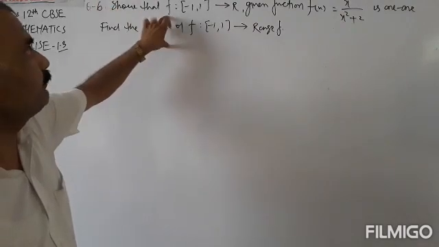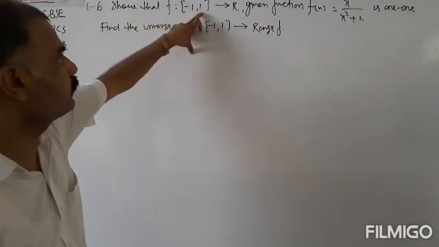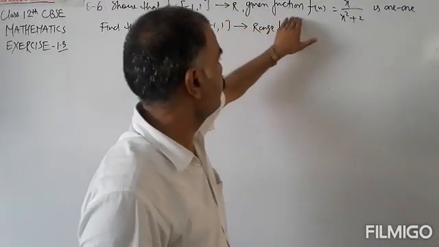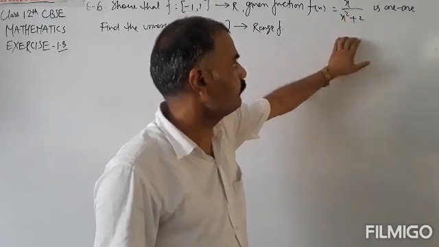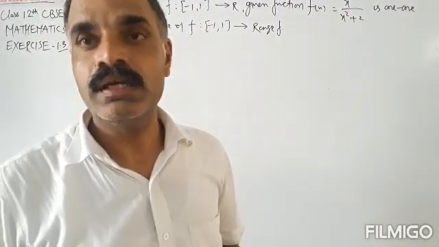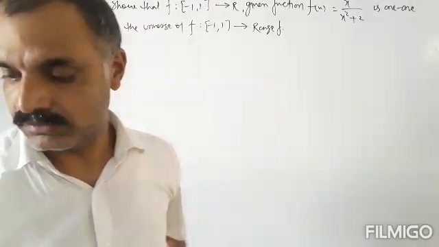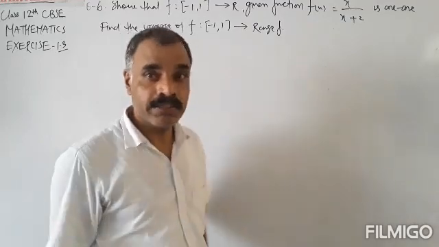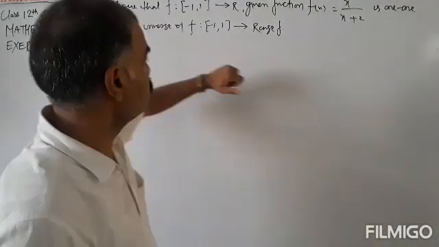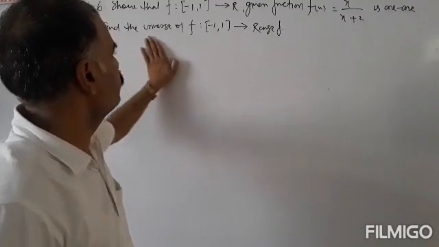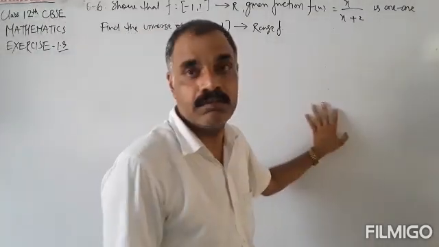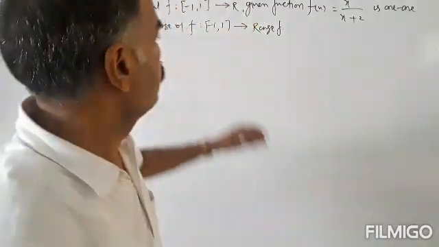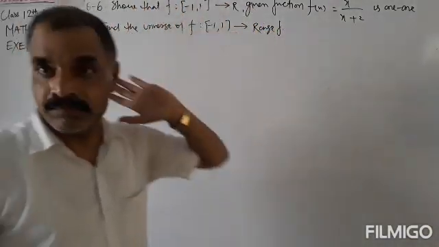Show that the function f from -1 to 1 to R is given by f(x) equals x upon x plus 2, is one-one, and also we have to find the inverse of the given function up to its range. So we have to show that the given function is one-one.